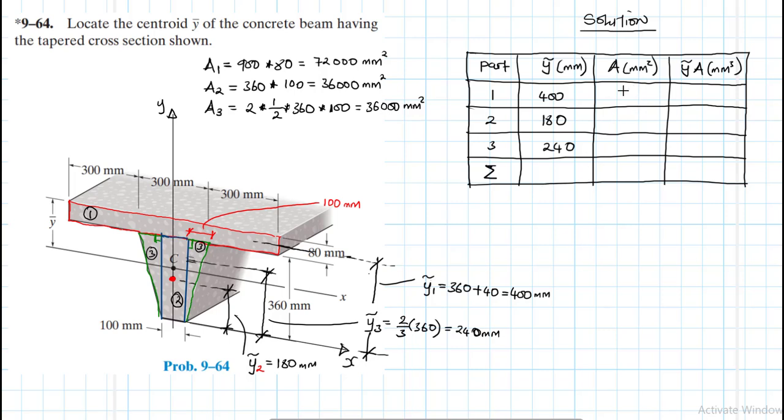Area 1, we have 72,000. Area 2, 36,000. Area 3, there are 2 of them, but we already summed them up. They are also 36,000. Then the product of the two.